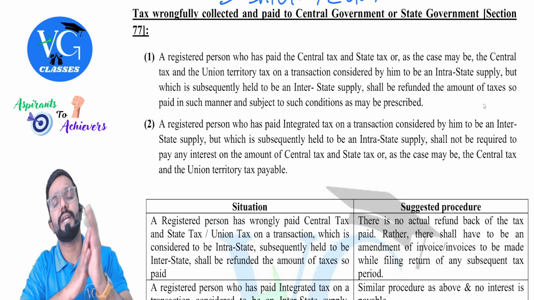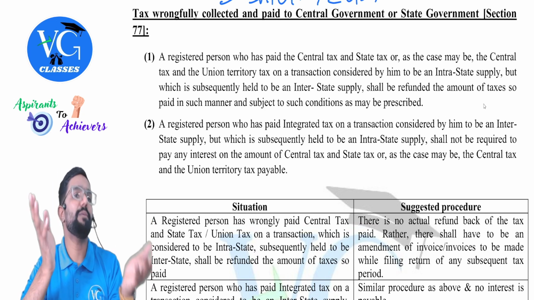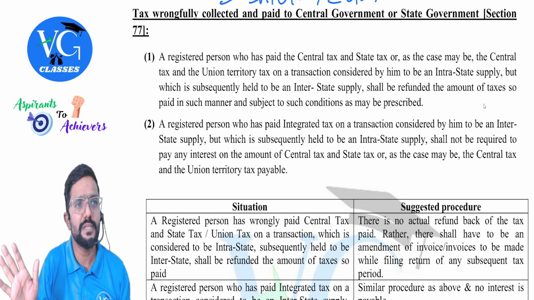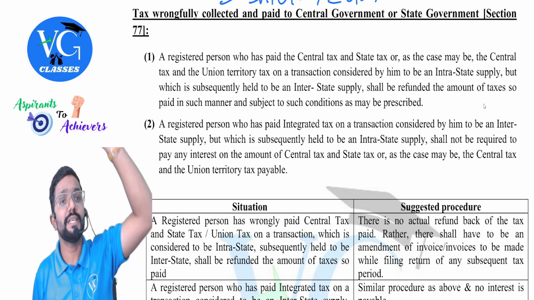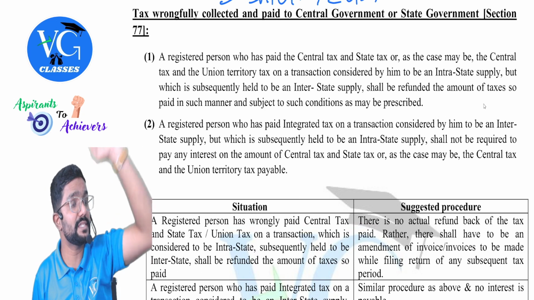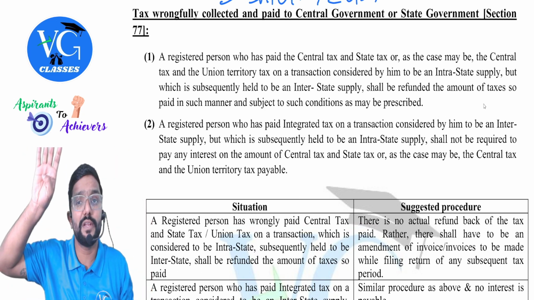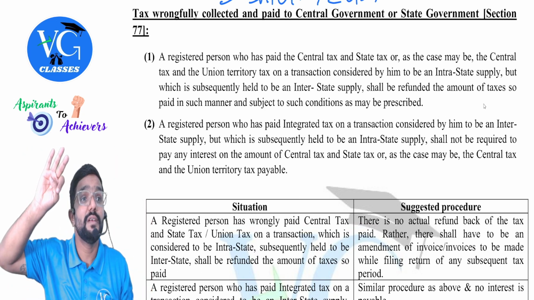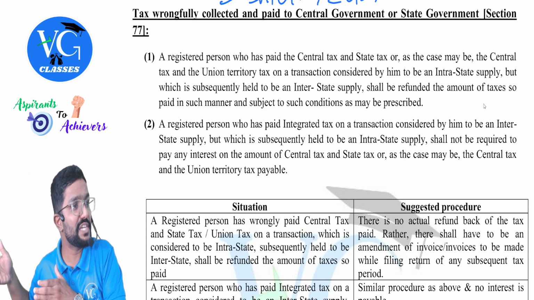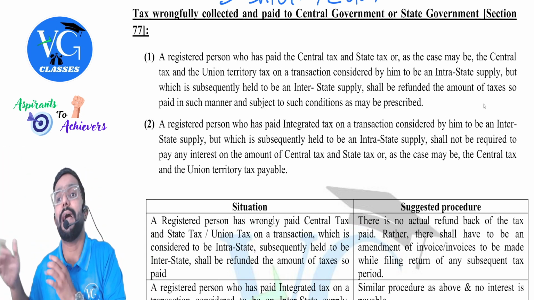In that case, we will just make an amendment. Means correction. A mistake has happened, so can I correct it? Yes. Guys, even if I have made any mistake in my returns, GSTR 1 and 3B, can I correct it? Yes. Any mistakes in GSTR 1 or 3B can be corrected in any subsequent period, but by 30th November of the next financial year or the actual date of filing the annual return.